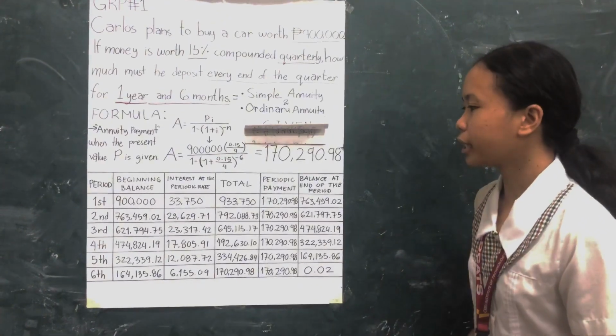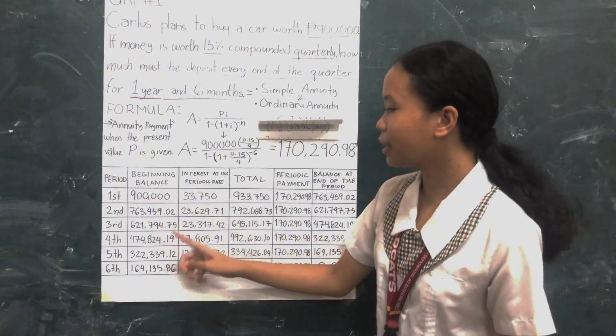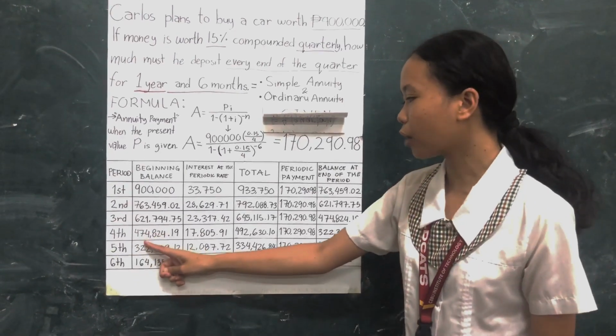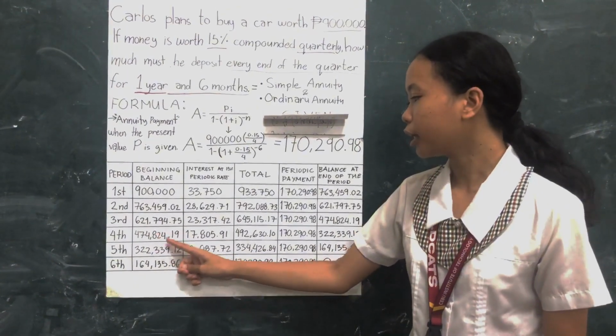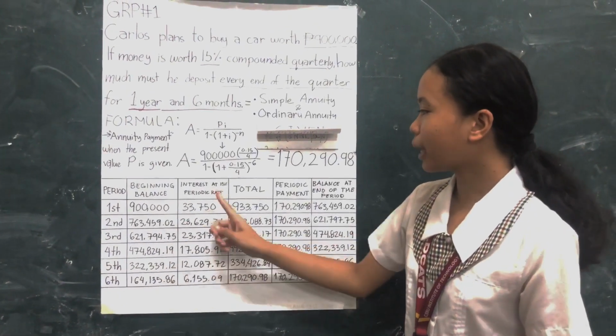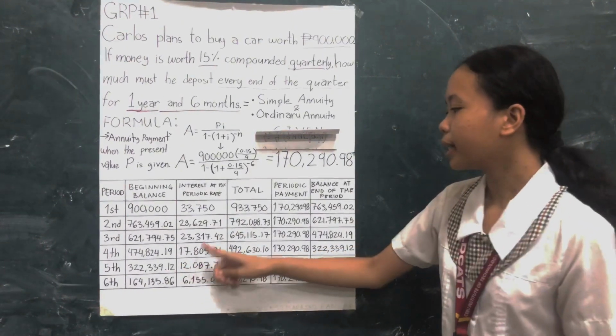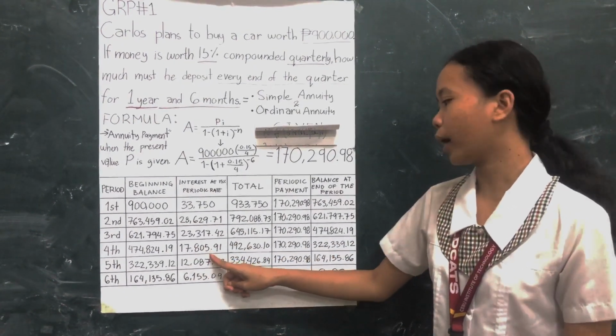In the fourth period, the new beginning balance is 474,824.19. The same, we multiply the beginning balance and the periodic rate, so we get 17,805.91.